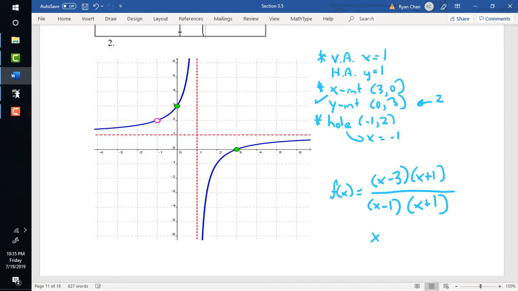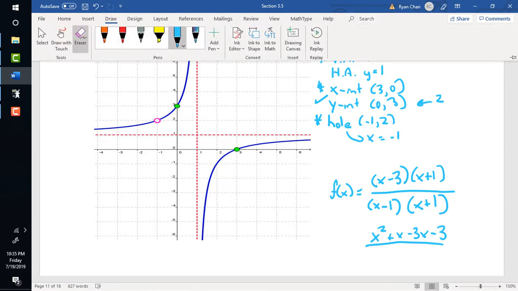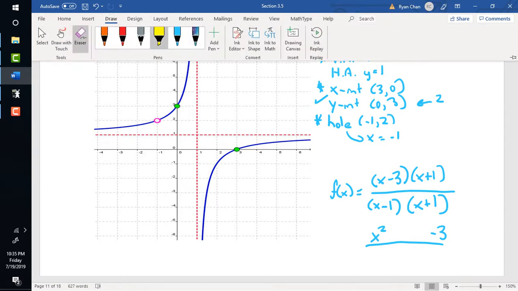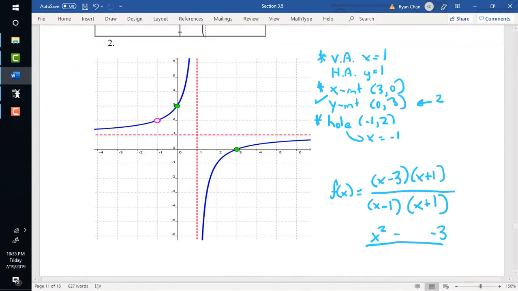I have x squared, plus x minus 3x minus 3, so this becomes just negative 2x. Then the bottom I distribute will become x squared minus 1.